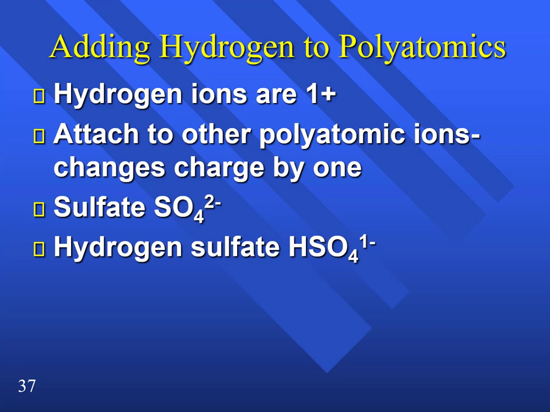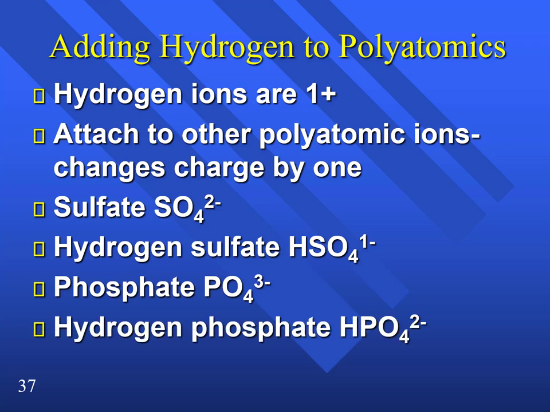I can do the same with sulfite, right? I can do it with phosphate. Now it has to have a charge bigger than 1 negative for this to work, because I can't end up neutral and be a polyatomic ion, because I got to be an ion. Now, so I can add a hydrogen to phosphate and make hydrogen phosphate.